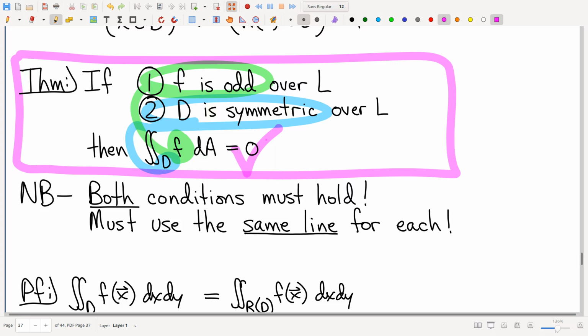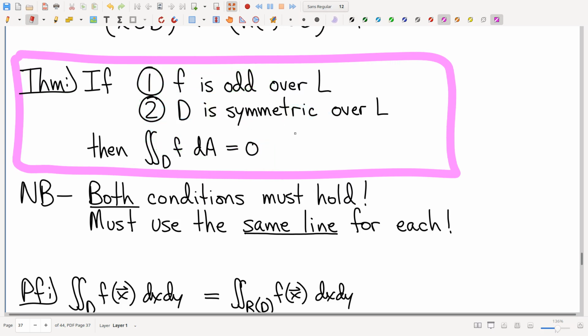So, really nice theorem. Now, a couple of warnings I'm going to give. It is easy to screw this up. You do need to check both of these conditions. Merely having a symmetric domain doesn't do anything, right?